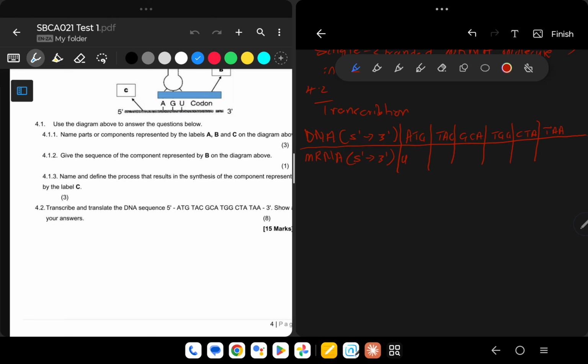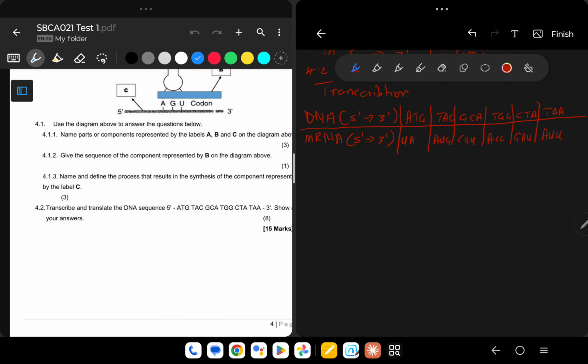With your uracil. So you're going to have U, and then T with A, we're going to have UAC. And this side we're going to have AUG. This side you're going to have CGU. This side you're going to have ACC. This side you're going to have GAU. And then this side you're going to have AUU. Remember to replace the thymine of DNA with the uracil in the mRNA strand.